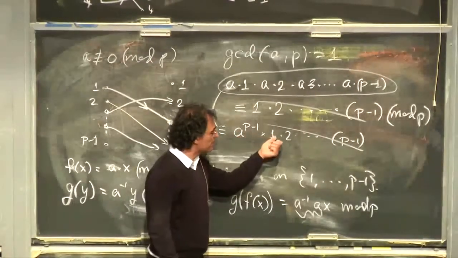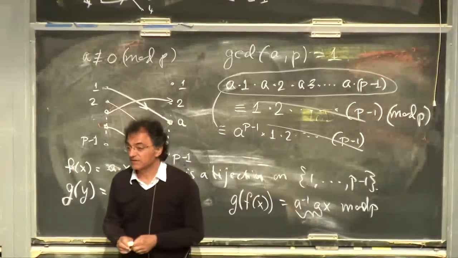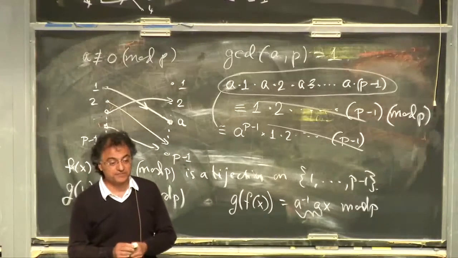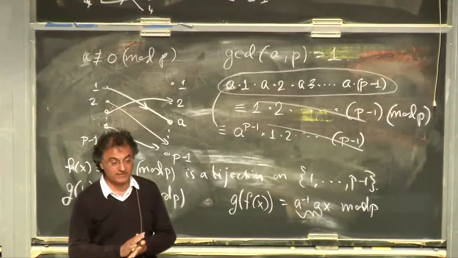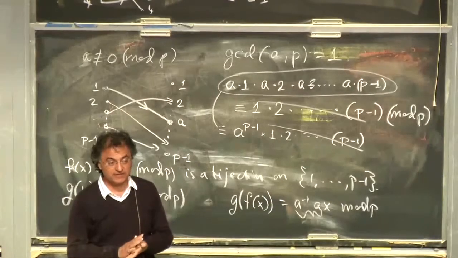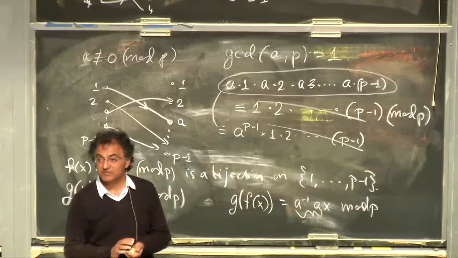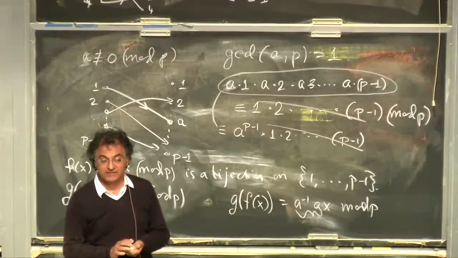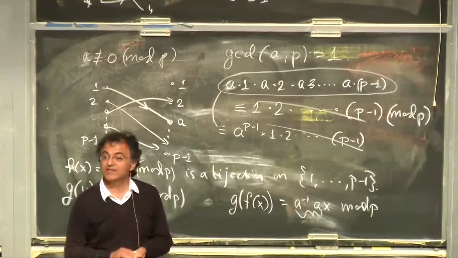So what gave us the right to cancel this out? Why could we cancel them? Maybe that's where there's a problem in the proof. Yeah.